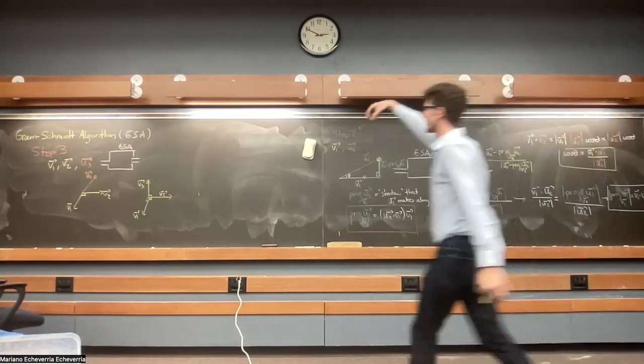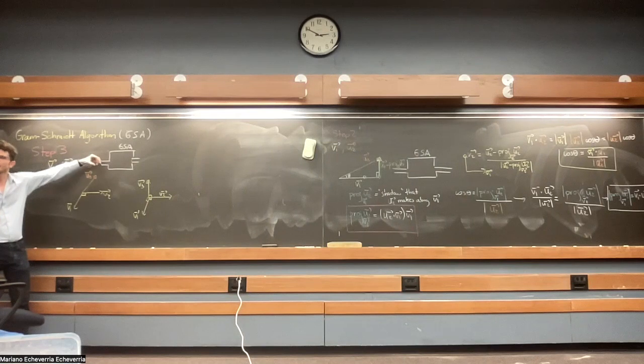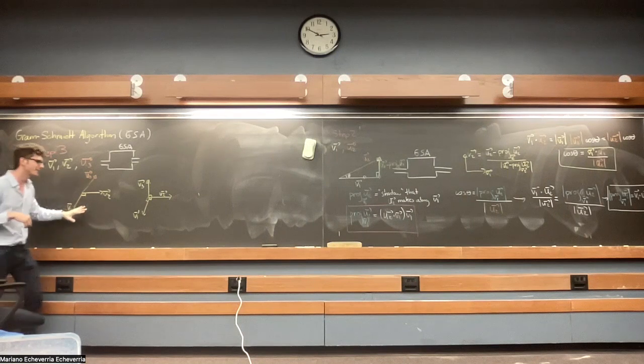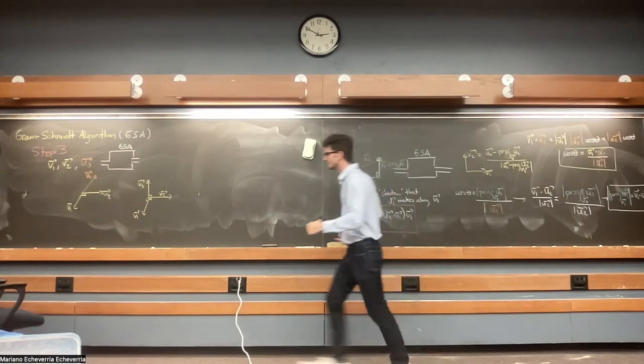Well, you have to imagine, how do you find this V3? You have to imagine that you put again like the light bulb, right? And it makes a shadow on the plane. There's a plane that contains these two vectors V1 and V2, right?